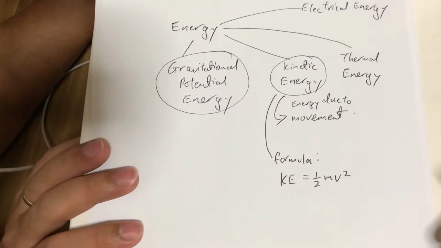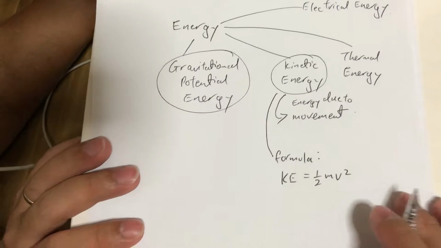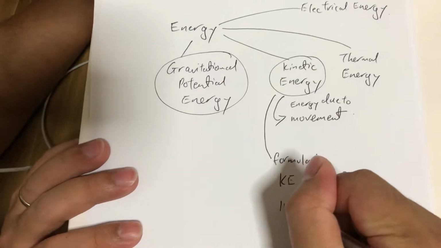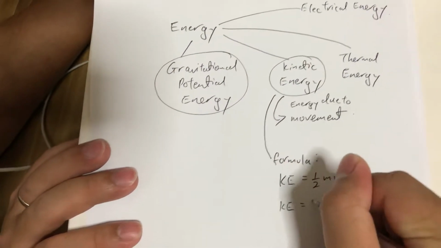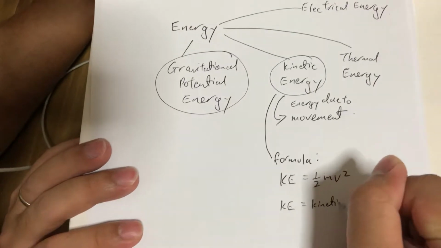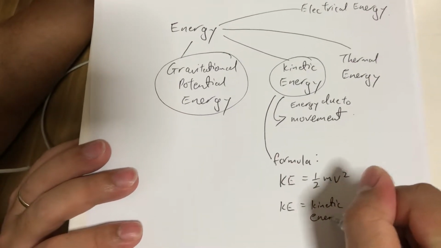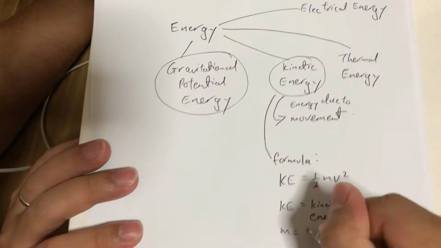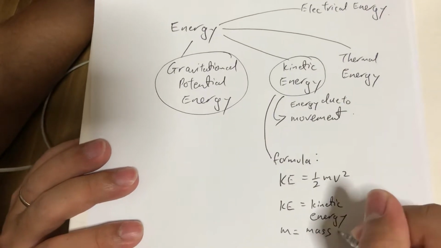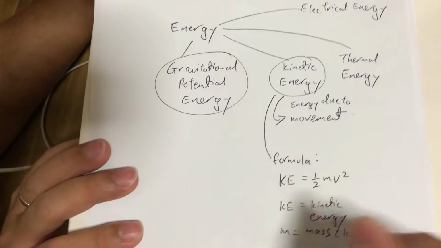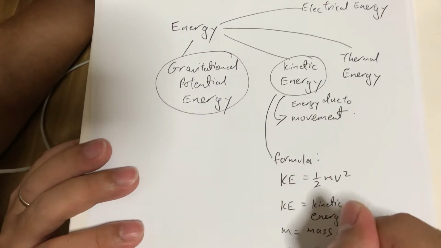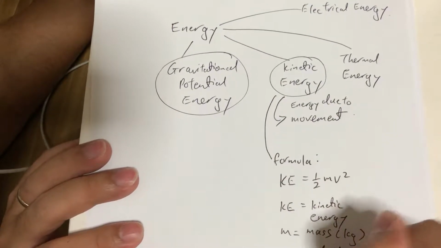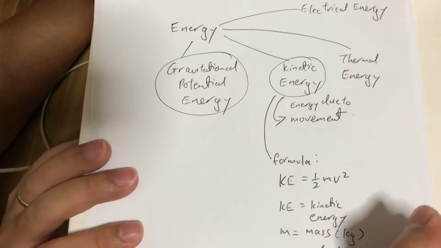KE is our kinetic energy. m, you already know, is mass, and the unit is kg. v is our velocity or speed.